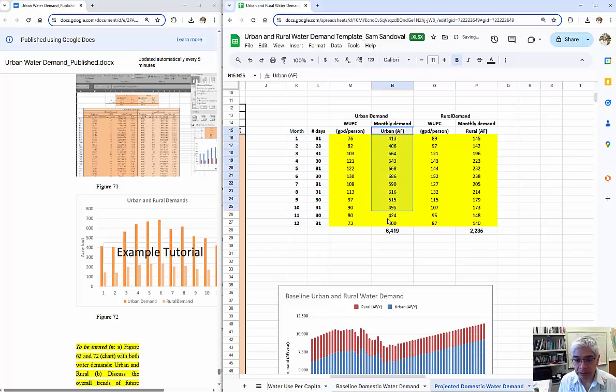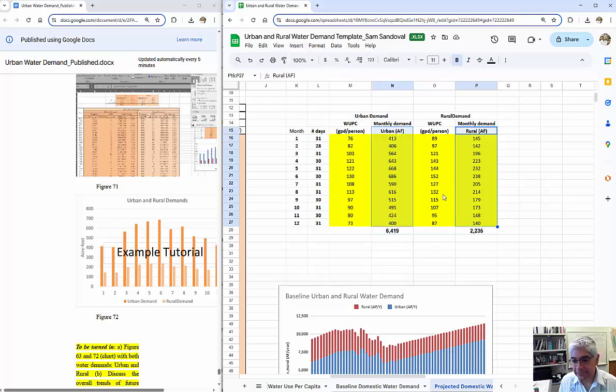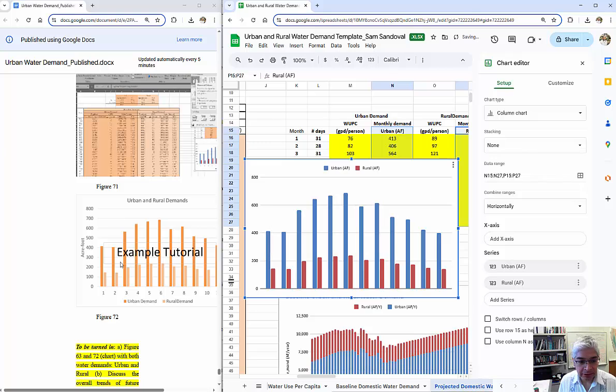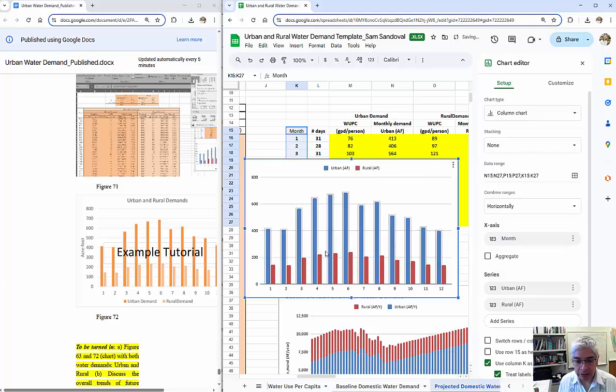So what you can do is select this, control, and then drag the cursor, select that, and then insert chart, and there you go, right? And if we want to add the x-axis, then we'll go here and add the months, and ta-da!